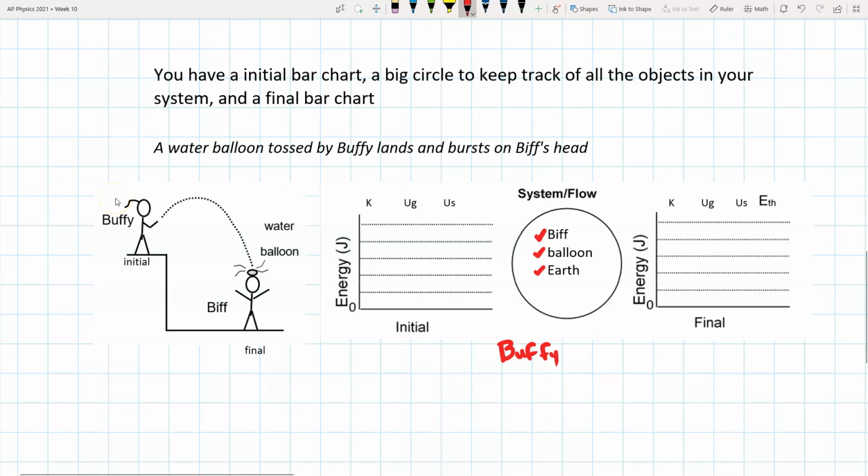Buffy initially, let's see, if this is our height of 0 right here, she is above 0. So we're going to say that Buffy, and remember we usually just use all the bars, so that's 1, 2, 3, 4, 5 blocks we have to work with. She initially, she's up high, right?